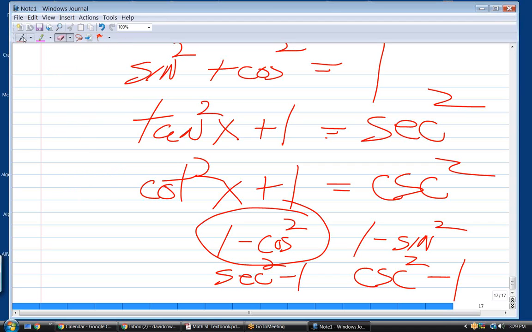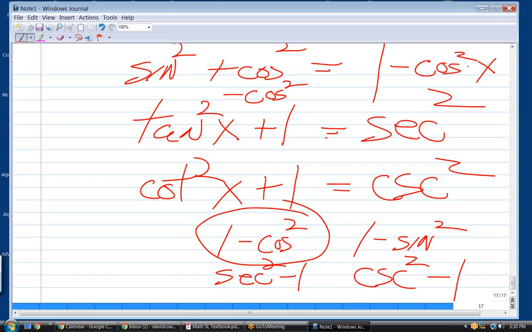How do I get 1 minus cosine squared? I subtract cosine squared from both sides.